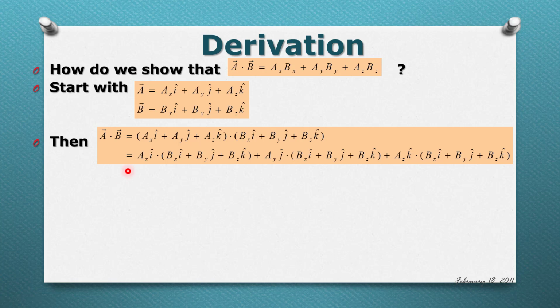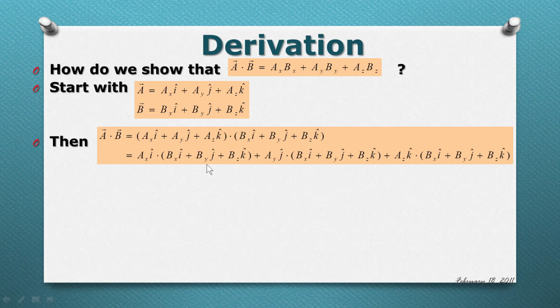You have to take the dot product of ax i hat dot bx i hat, plus ax i hat dot by j hat, plus ax i hat dot bz k hat. Then you will separately take the dot product of this vector with all three, and then you will take the dot product of this vector with all three.